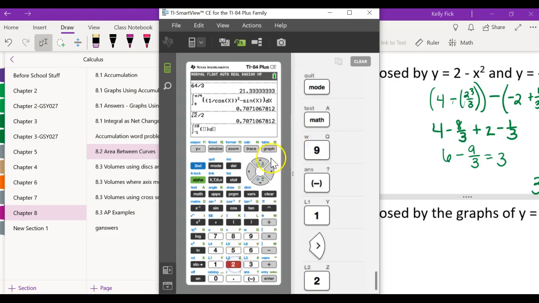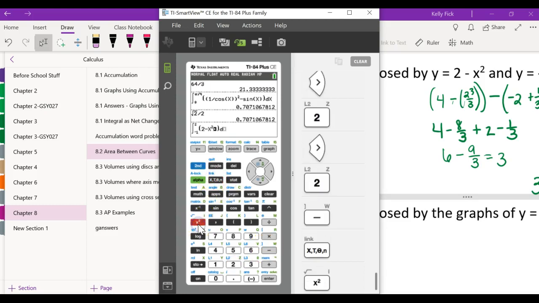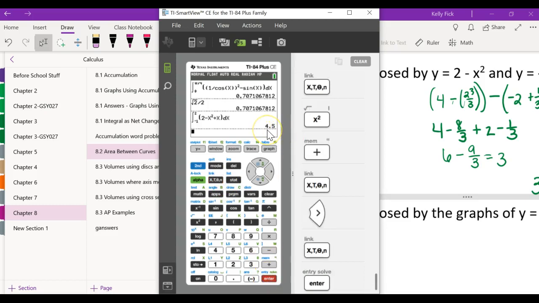Is everyone okay with that? And then it's 2 minus x squared, and then it's a minus -x, right? So I can change that to plus x dx. You get 4.5. Okay, so that's one where it's actually easier to plug it in your calculator.